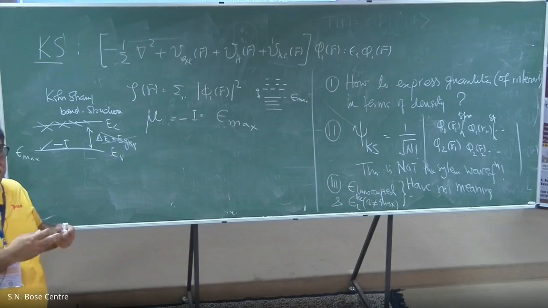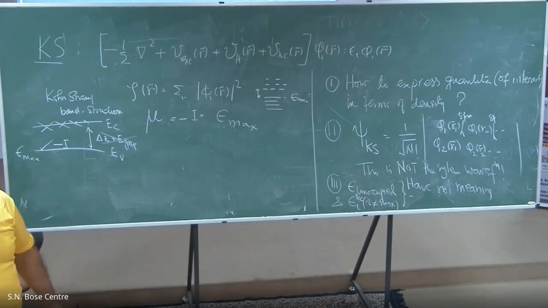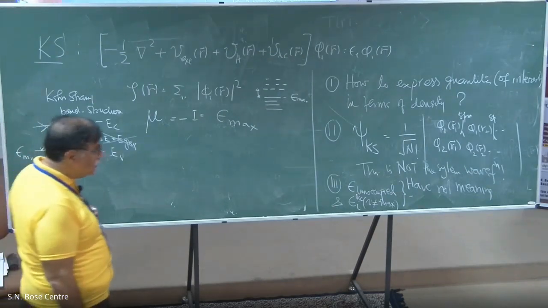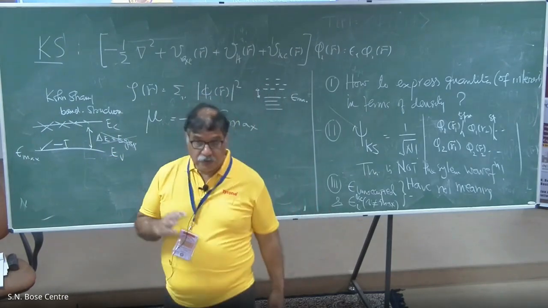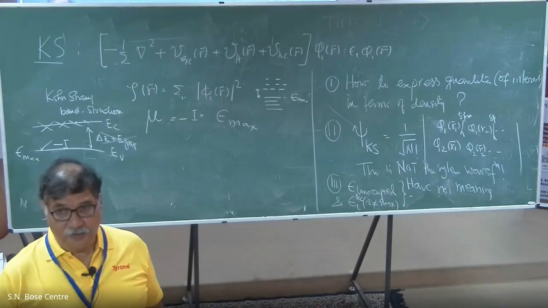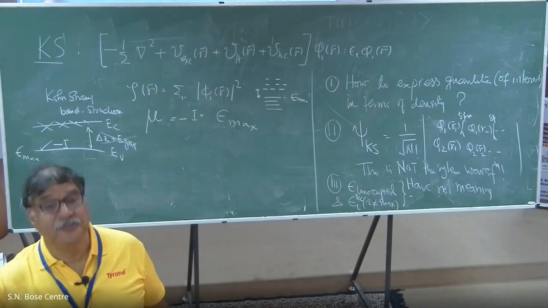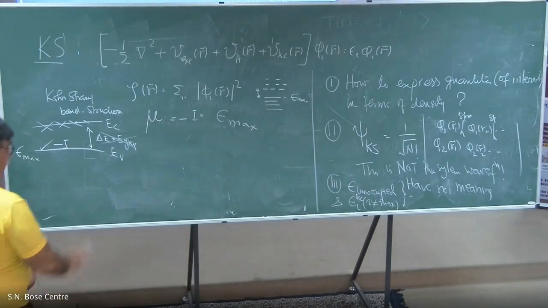Are you overcounting? Are you undercounting? All that has to be kept track of. You cannot just say, I'll take the orbital into my calculation. These nitty-gritty details are important. Keep in mind all the time, orbitals do not represent the wave function.